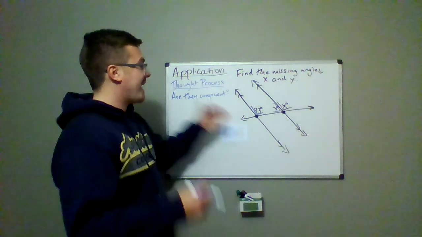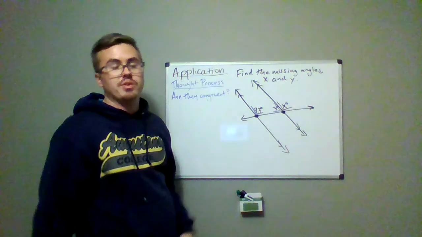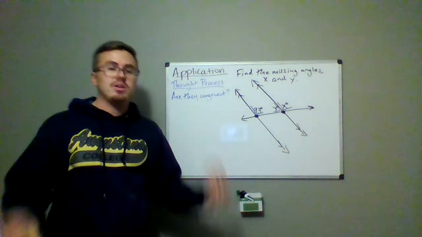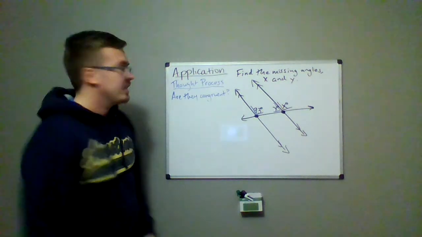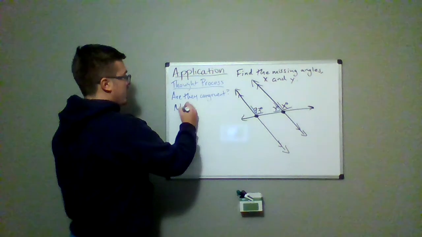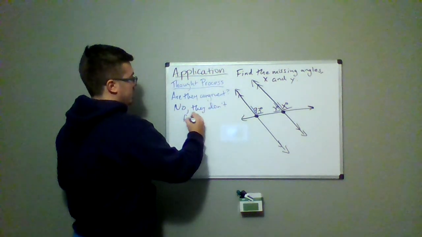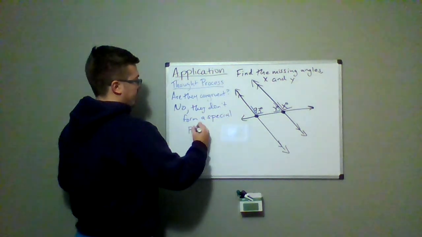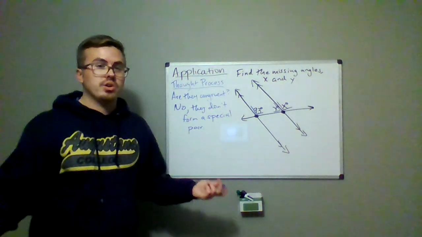You should have said that they're not alternate interior because they're both on the same side of the transversal, not on alternate sides, so they can't be alternate interior. And we already said that this one was corresponding. So are they congruent? No, they don't form a special pair. They're not congruent.